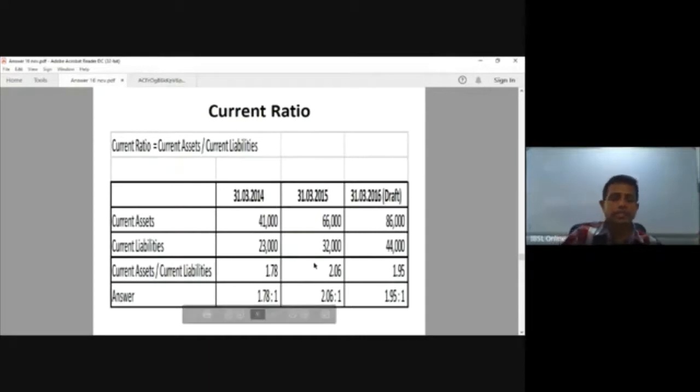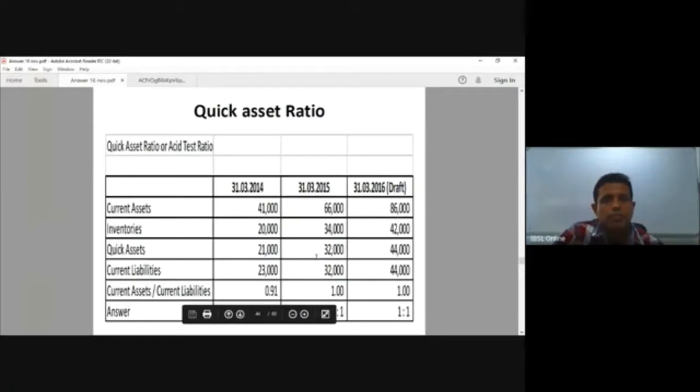The answers: in 2014, for one current liability, you have 1.78 current assets. In 2015, for one current liability, you have 2 current assets. In 2016, also 2 current assets. Very acceptable. Then quick assets ratio.